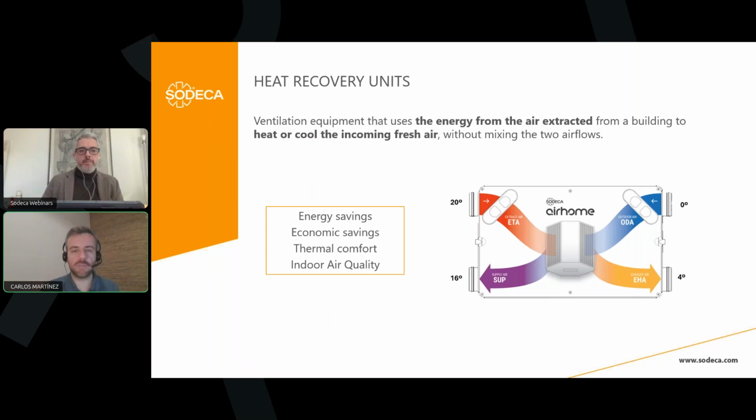One fan we are using to introduce fresh air from outside to inside, and another fan integrated in the same equipment is used to extract the dirty air or the not so good air inside the building and expel it outside the building. Okay, so we are working here with the principle of dilution. Okay, we are introducing fresh air and we are removing dirty air.